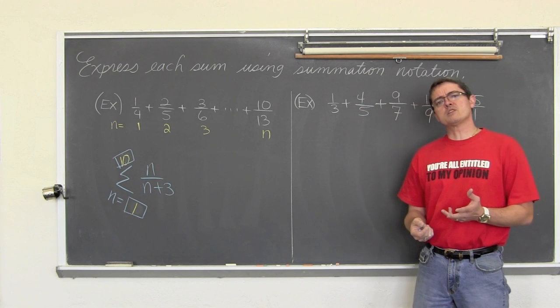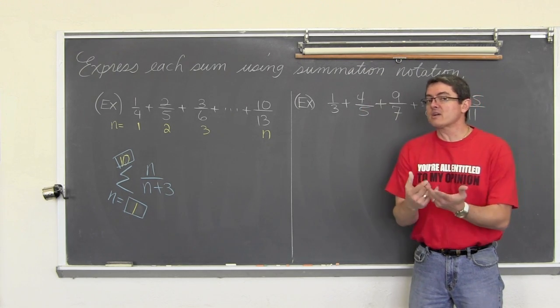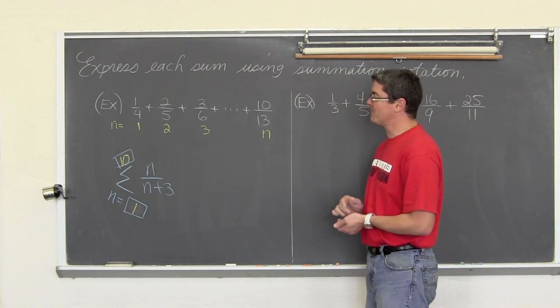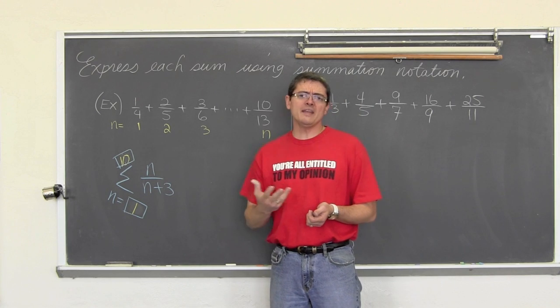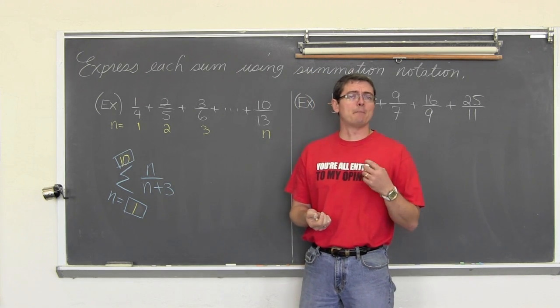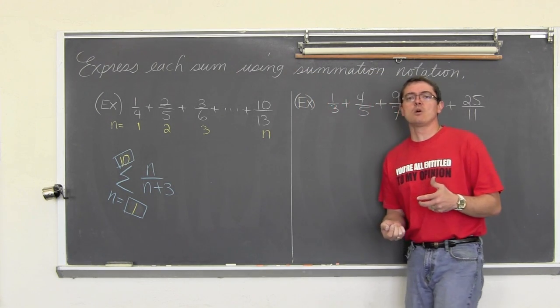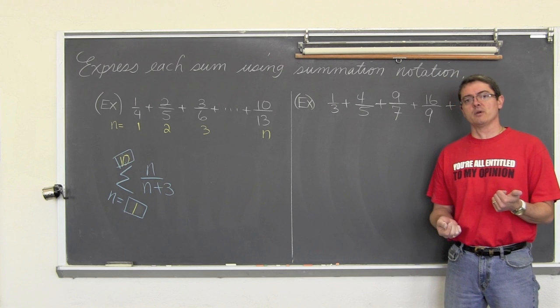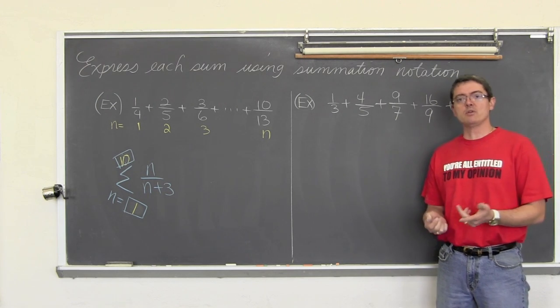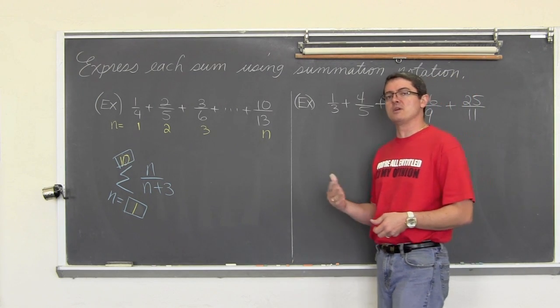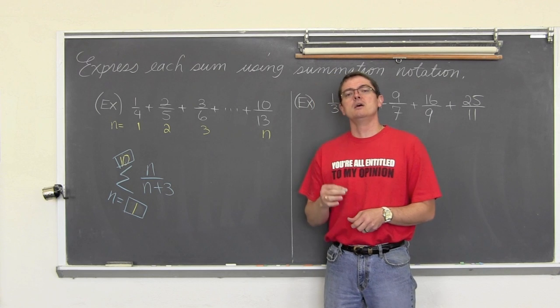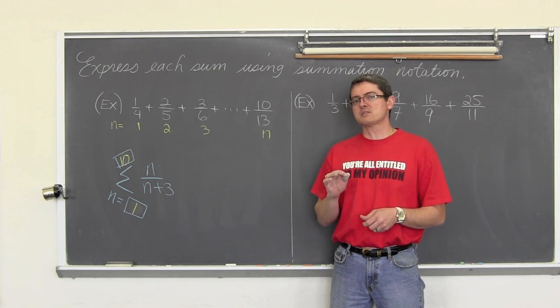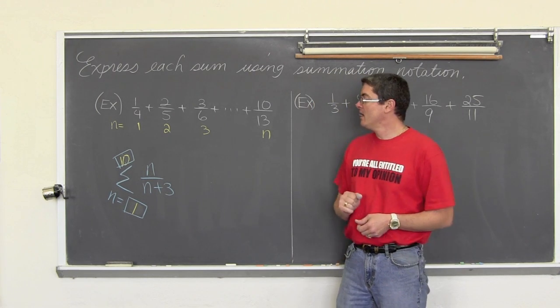Now if you just watched my video about my introduction to sequences and series, when you write an a sub n expression, we'll be doing a bunch of this when we get into our videos for arithmetic series and geometric series. But when you write an a sub n expression for a sequence or series of values, the n value must start at 1.